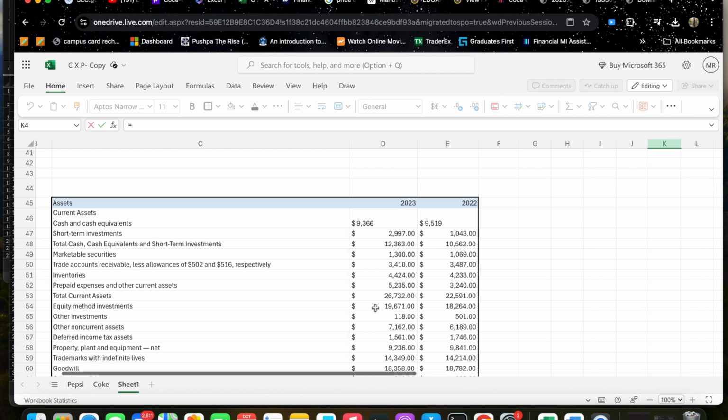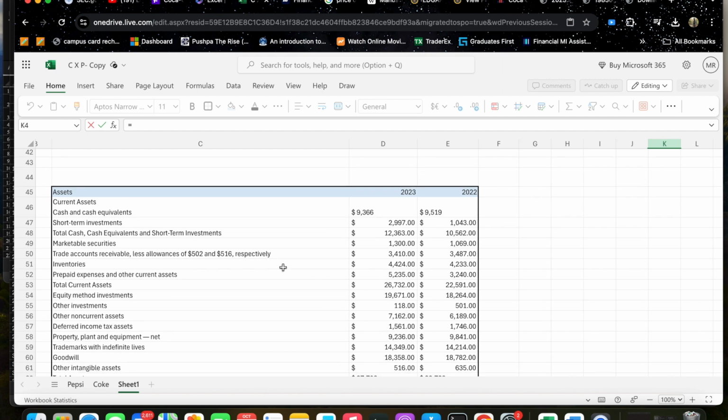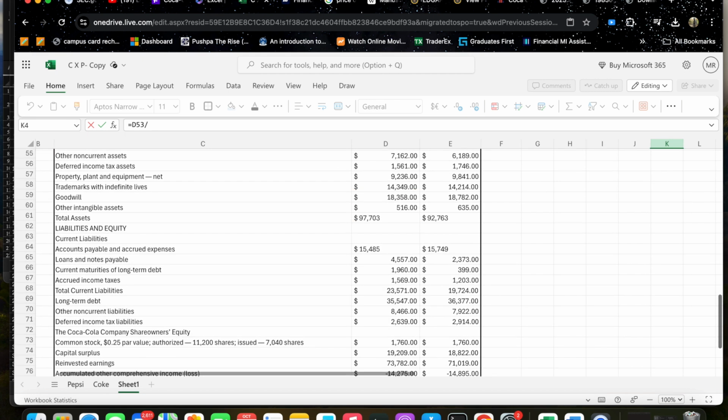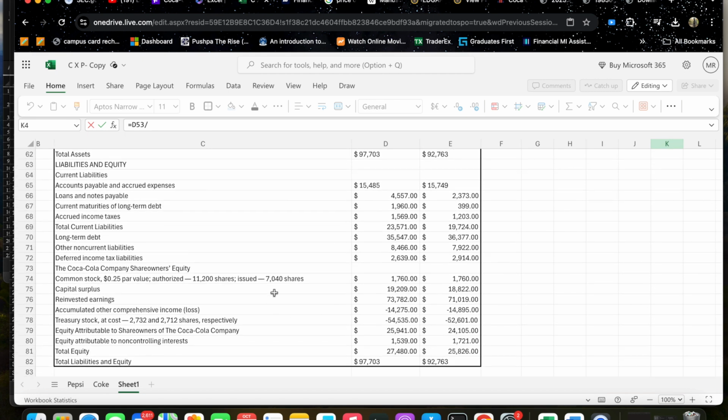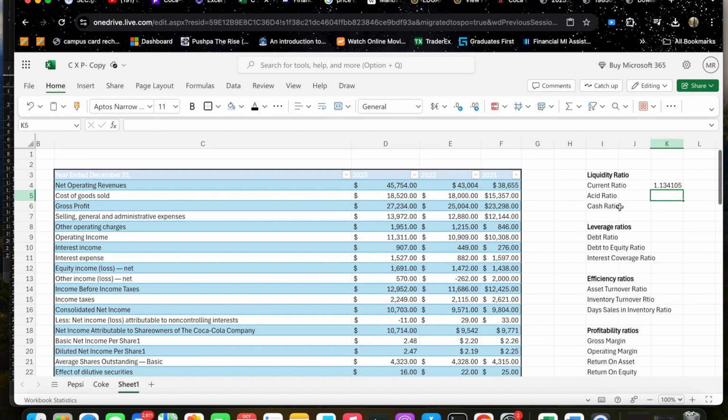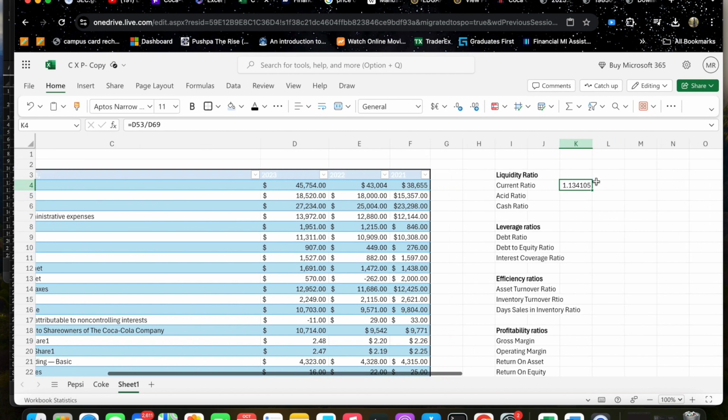So let's do the current ratio. Current ratio would be simply the current asset divided by the current liability. Here you go.